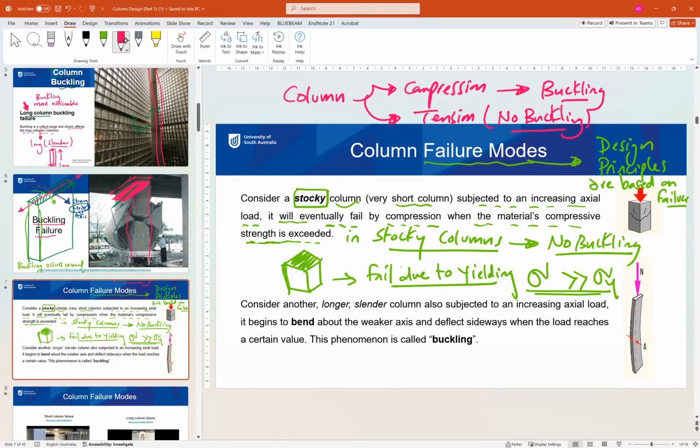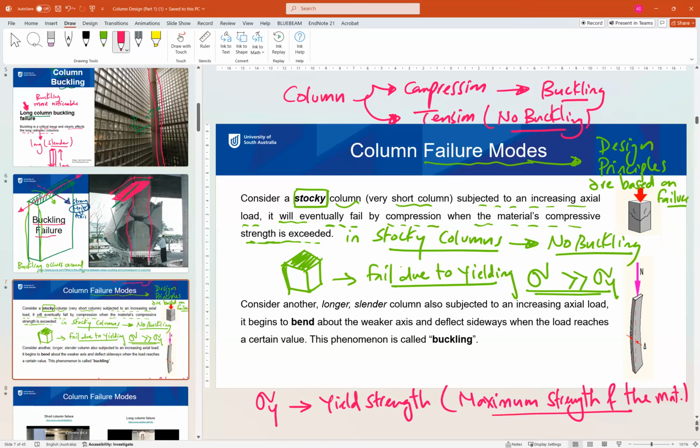Sigma yield is the yield strength, or the maximum strength of the material. So this is case number one, or failure mode one. Failure mode one will happen in stocky columns when the column is impossible to buckle as it is too short, so the column will fail due to what we call yielding.